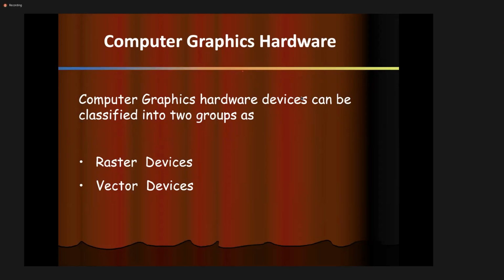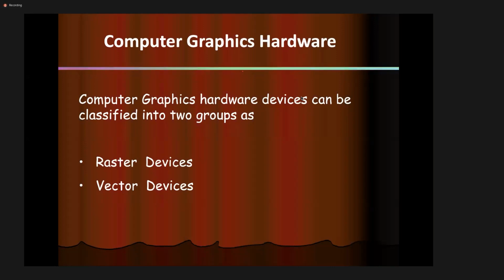But when you go to the raster device display, there are no such big calculations, only the picture information comes there. Pixel by pixel you have to upload to the screen. Row by row you have to do. There are multiple pixel rows available, and each and every row you have to do. That is how it happens in the raster graphics display.